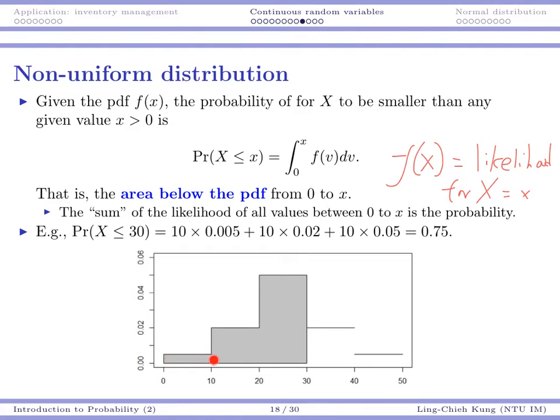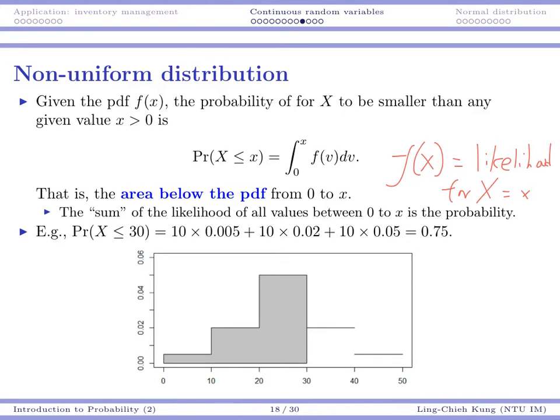From 0 to 10 is a rectangle. The width is 10, and the height is 0.005. From 10 to 20 is another rectangle. Okay, the area is here. From 20 to 30 is another rectangle. Okay, it's here. So once we do all these calculations, we can sum them up. The probability for x to be less than 30 is exactly 0.75.